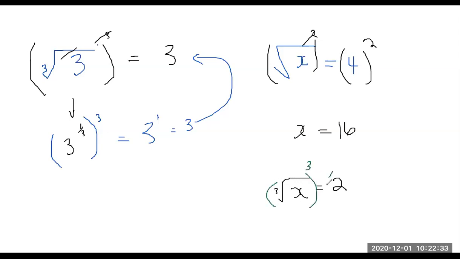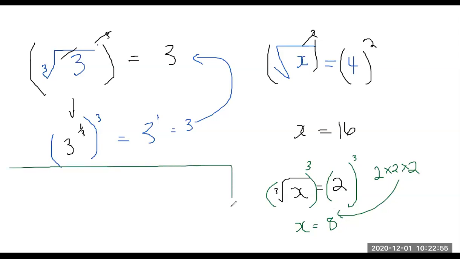And whatever you do to one side, you've got to do to the other side. So x is equal to 8. 2 cubed is 8 because 2 cubed is saying 2 times 2 times 2. 2 times 2 is 4, 4 times 2 is 8. So then my answer is 8. I'm going to put it right down here in this little box.